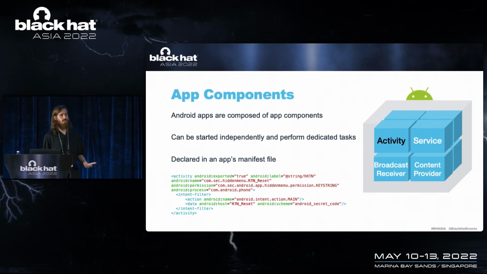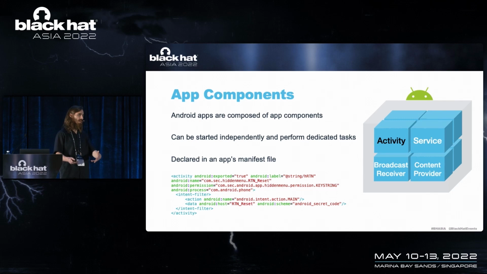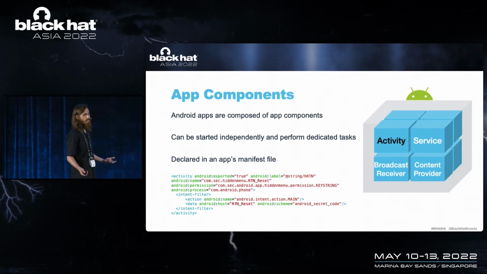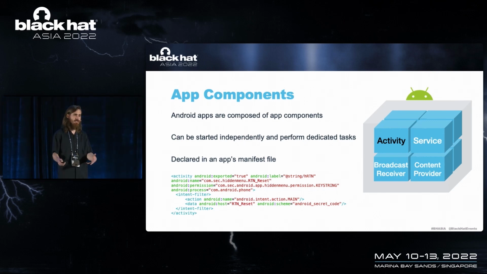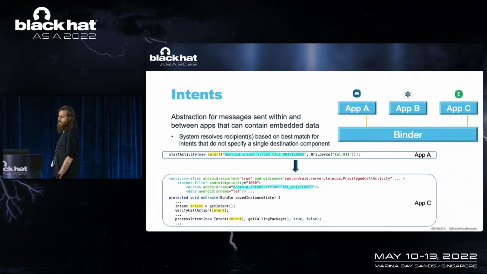For the Android system to be aware of what application components are within an app, each valid Android app must have an AndroidManifest.xml file. The system parses this, and it tells the system what application components are contained within the app. For example, there's a declaration there for an activity that contains the name, any access requirements with regards to permissions, and intent filters.